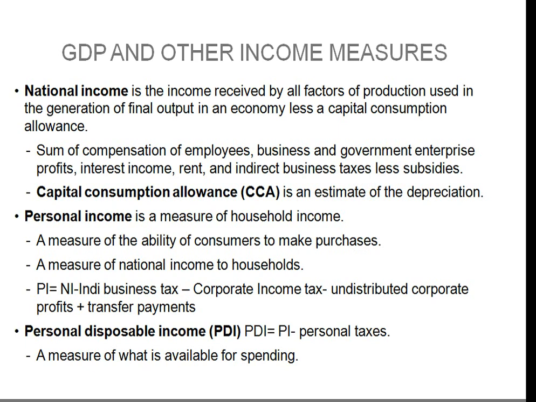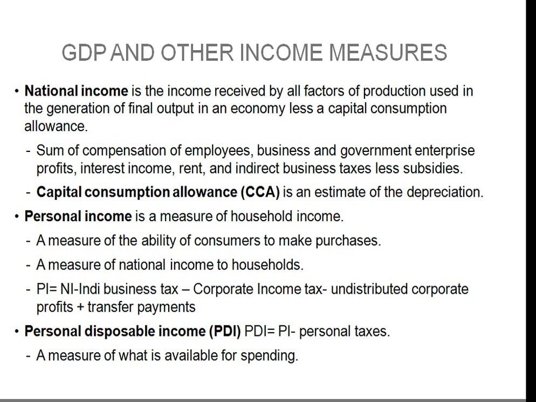GDP and other income measures. We move to national income, personal income and disposable personal income. National income is the income received by all factors of production used in generating final output in an economy, less the capital consumption allowance.